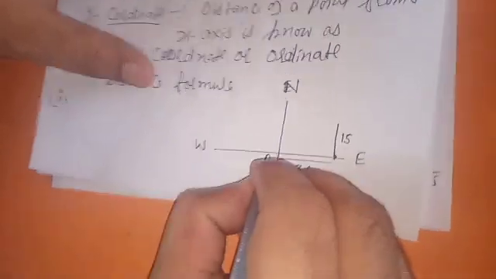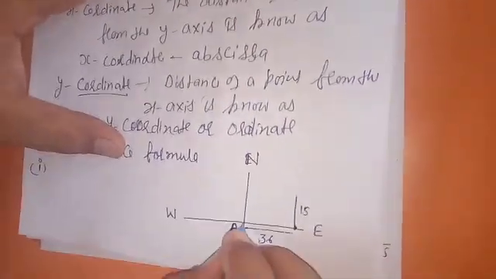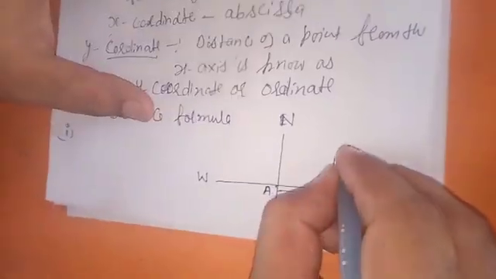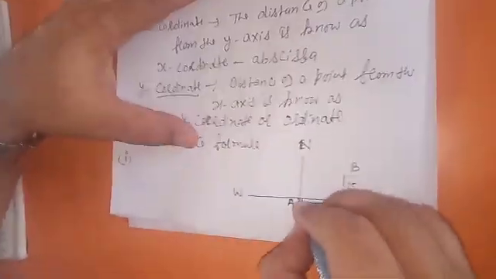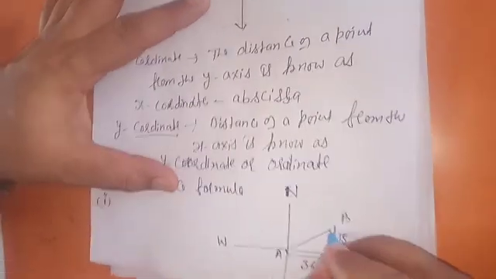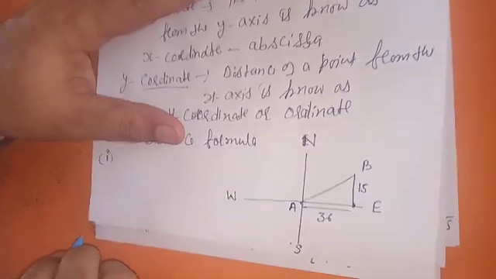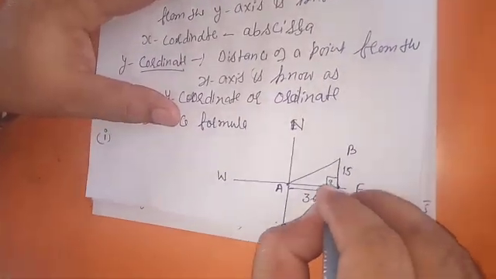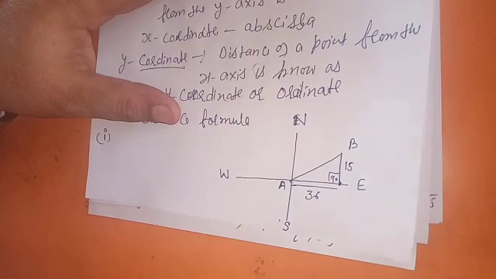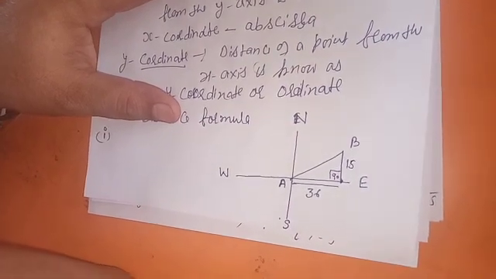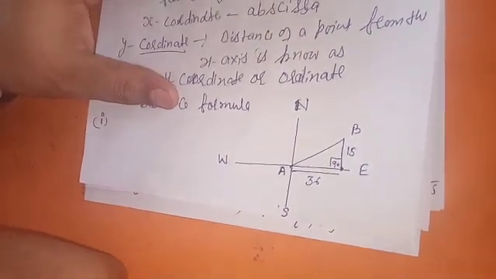This is the point A. This is one town and town B is here. So how can you find out this distance AB? You know this is a right angle triangle, so you can apply the Pythagoras formula and easily calculate.